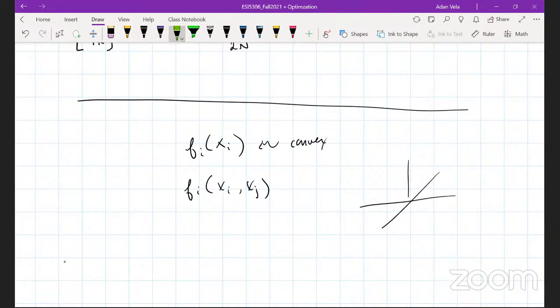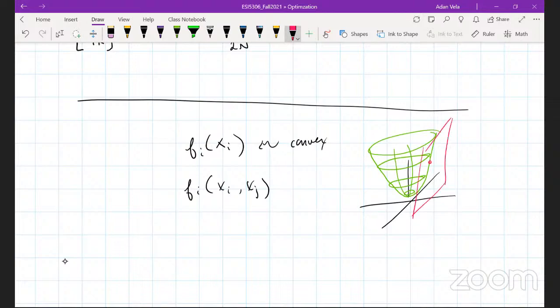So let's say, oops, that's bad drawing. We had something like this. You could certainly approximate this, but what you'd have to do is find a set of planes at various tangent points, and you have to make sure that you get all the tangent points.